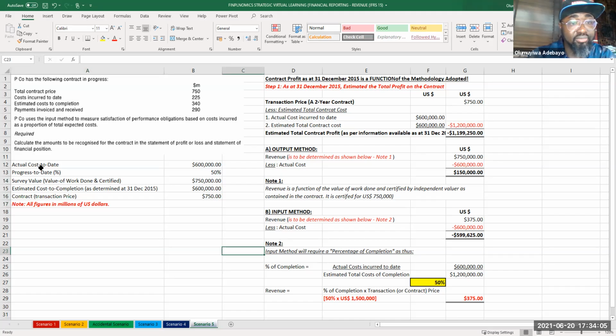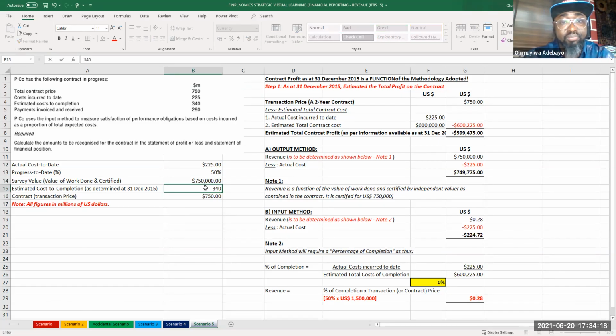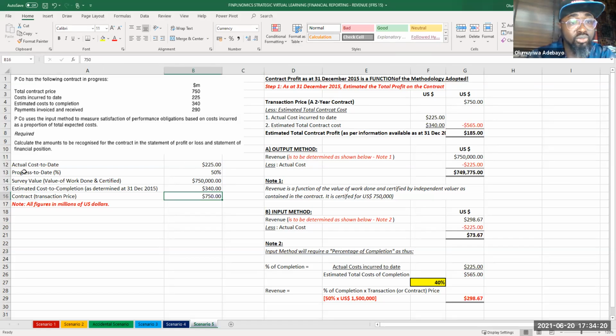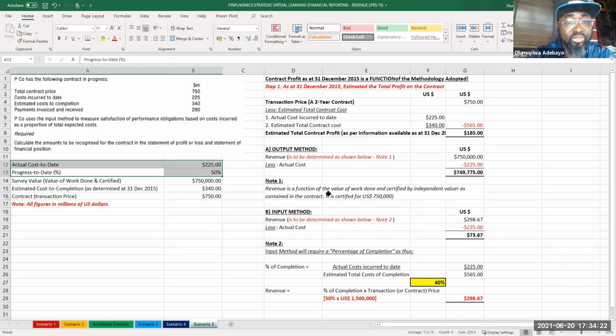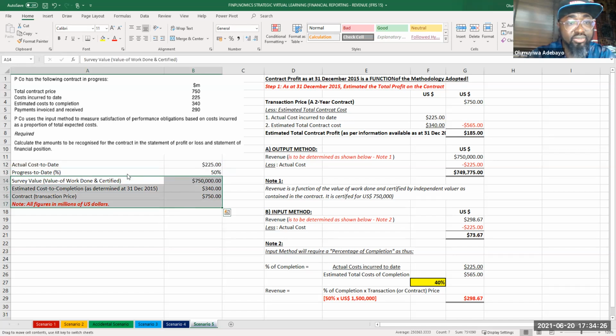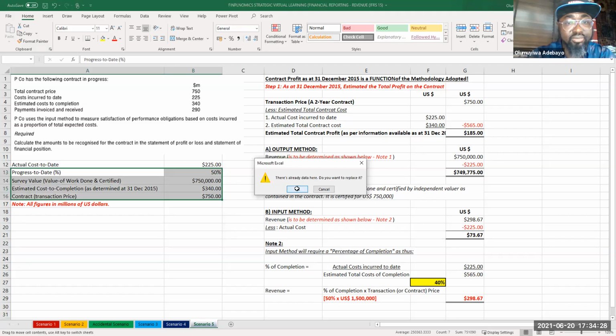Cost incurred to date, 225. Estimated cost to completion, 340. Issue of progress was not given. Therefore, it's not relevant.